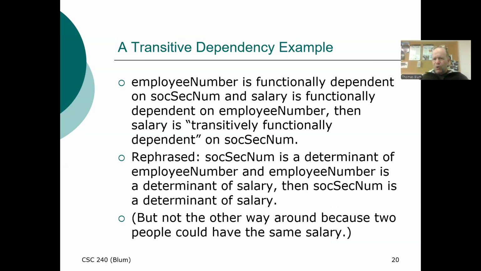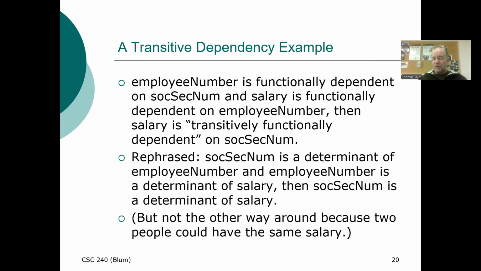So if I have an employee number, since I've assigned my employees numbers, that can be functionally dependent on the social security number. And then the salary is dependent on the employee number. If I know the social security number, I can look up their employee number. And if I know their employee number, I can look up their salary. So we can say that the salary is transitively, functionally dependent on the social security number.